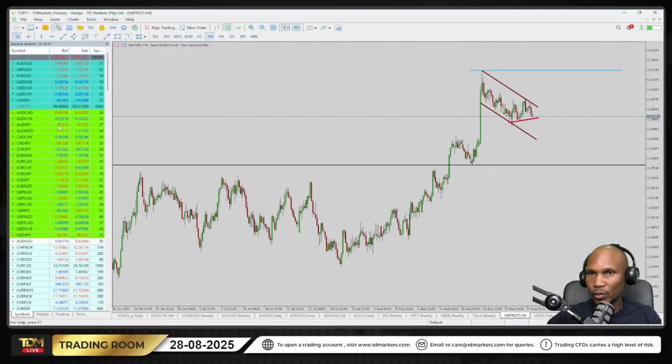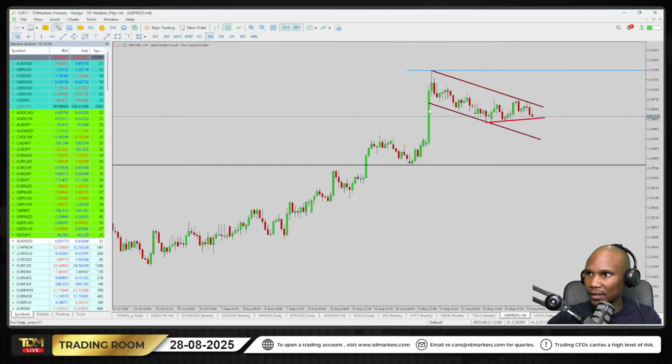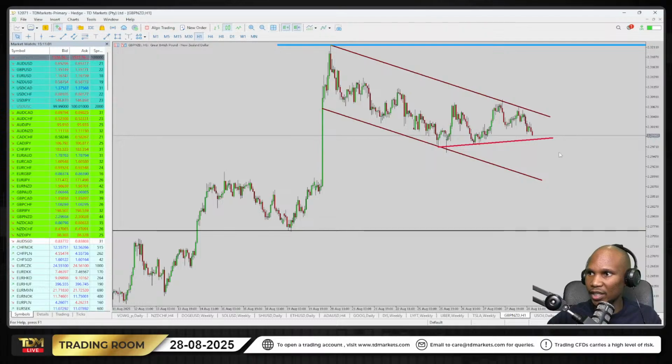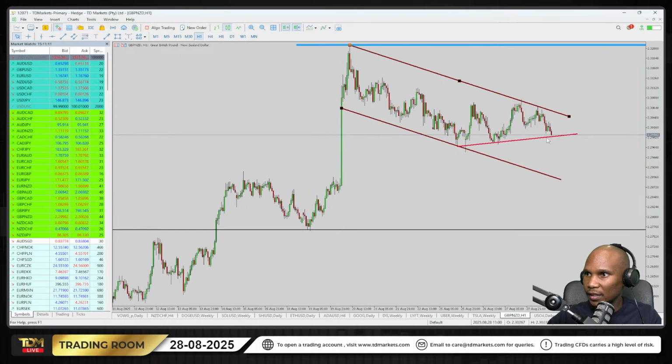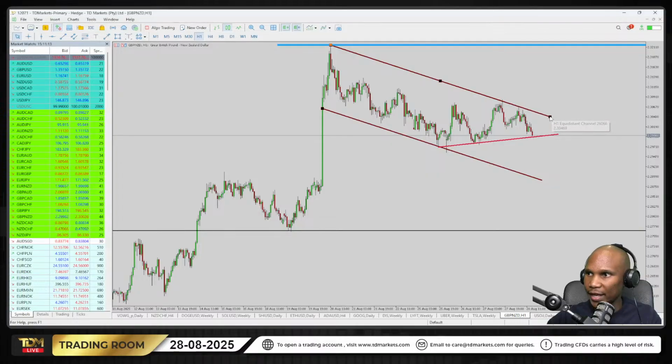So what we said is, should we get a push out of this thing, we're gonna go up. So at the moment, it has not really broken out. It is still trapped inside the correction, and it seems like it's gonna go down one more time. So look at how it's moving right now. This is a correction within the correction, if that makes sense.